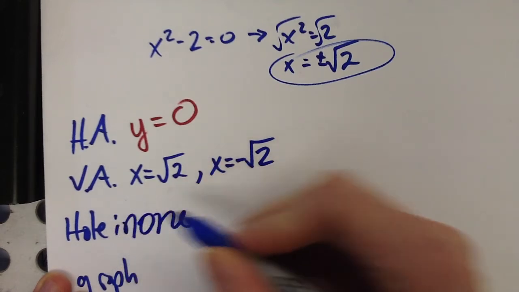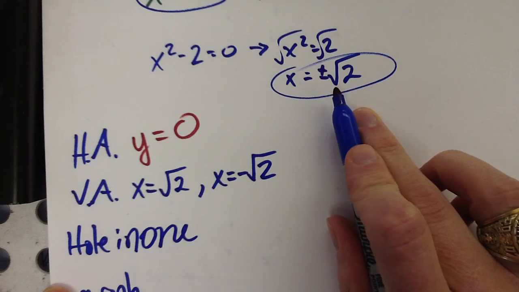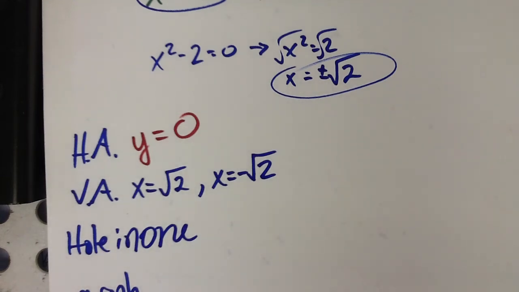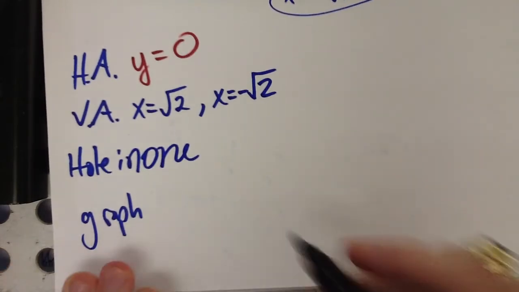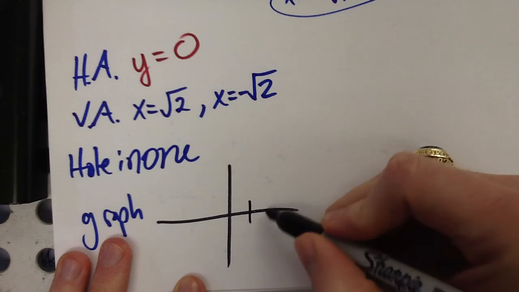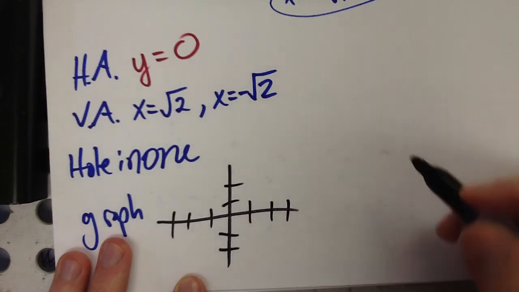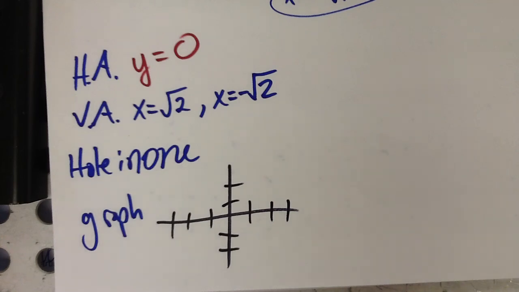Hole, none. And that's just because neither one of these divided out as a common factor, so no hole in the graph. All right. And the way the graph's going to look, again, let's go with the algebra we figured out here. That's going to be a lot better than trying to mimic what's on that screen, because it's kind of hard to read. We have a horizontal asymptote at 0. I'm going to try to do this in a different color.